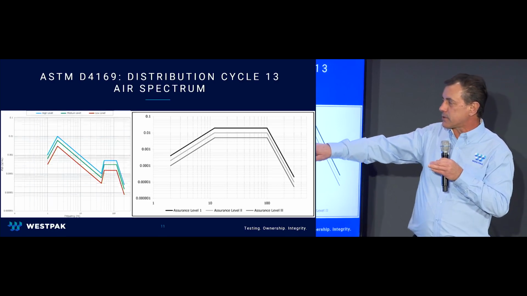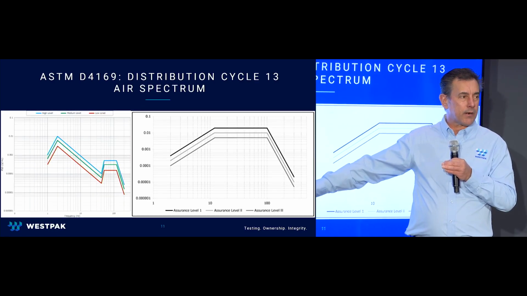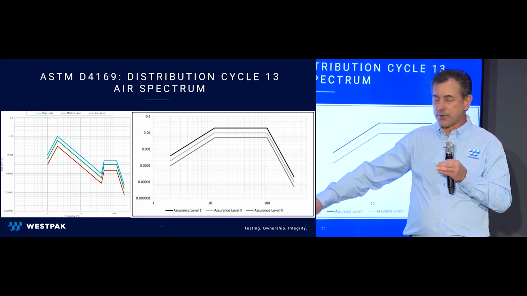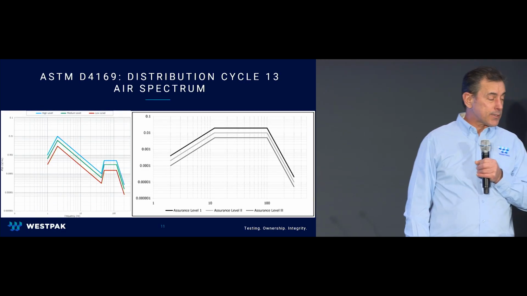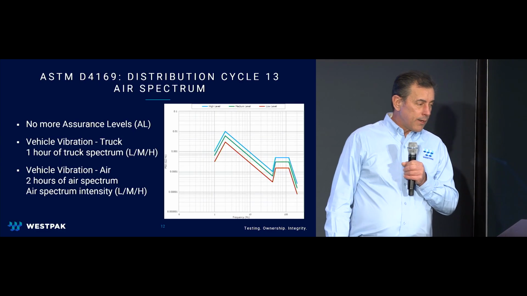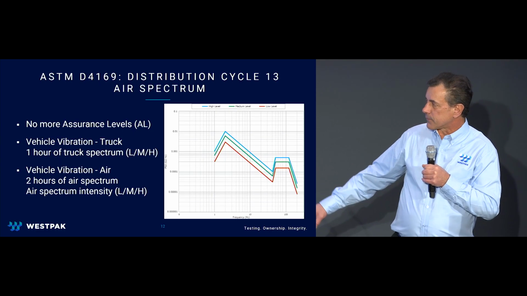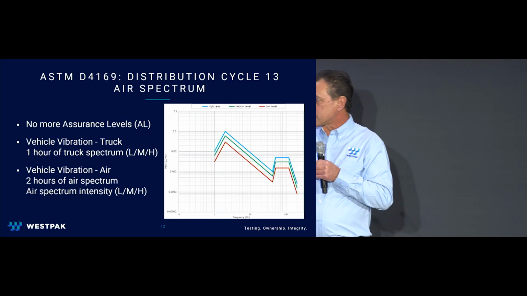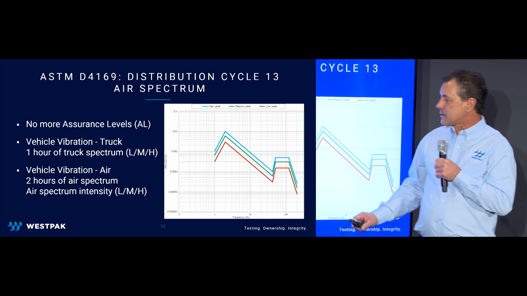And there were 3 assurance levels. Here we have 3 levels, but they aren't considered assurance levels. And we'll see that as I explain and walk through this with you in a second. As I just mentioned, there aren't any more assurance levels. They took those away. Very much like the truck spectrum, you have low, medium, and high intensities.